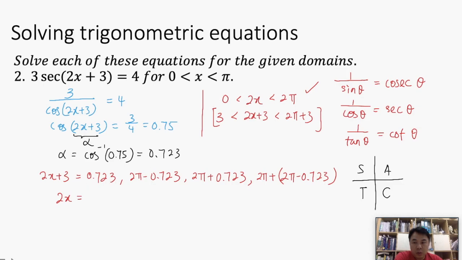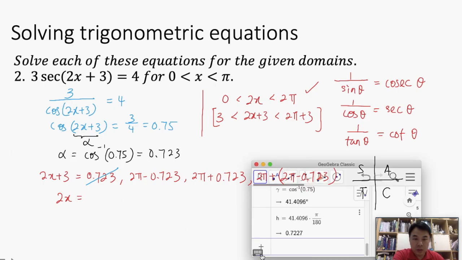So I'm going to skip this and move on to the next one. Just let me calculate the second one here. Now that would be 2 pi minus 0.723, and then I need to take that by subtracting a 3 also.